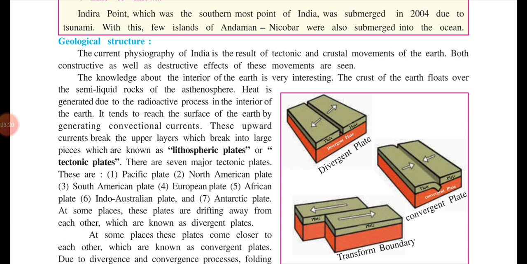At some places, these plates are drifting away from each other, which are known as divergent plates. At some places, these plates come closer to each other, and that is known as convergent plates.